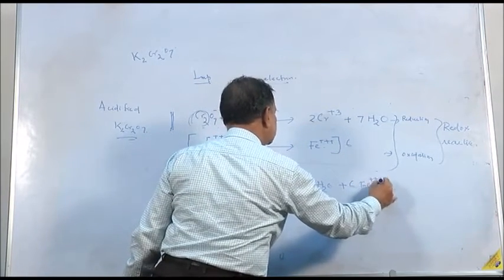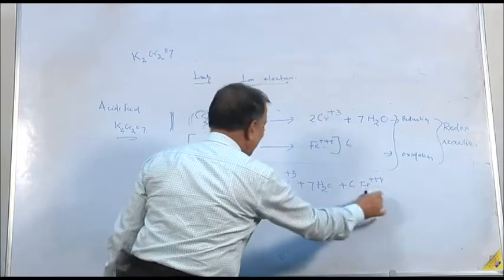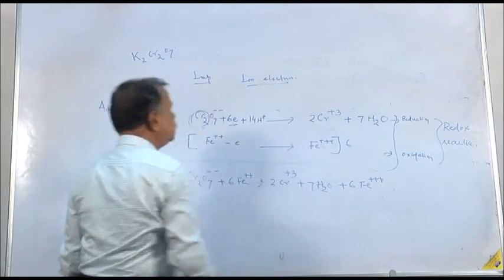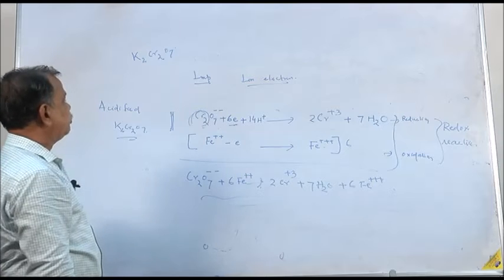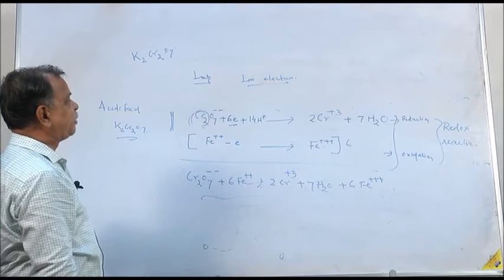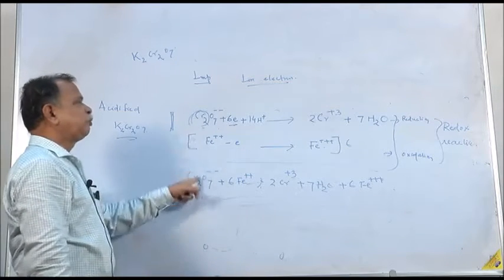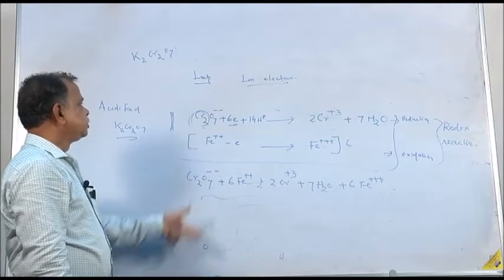So this is the balanced equation of ferrous sulfate with acidified potassium dichromate. If you write this, you will also get full marks. It is a better one.